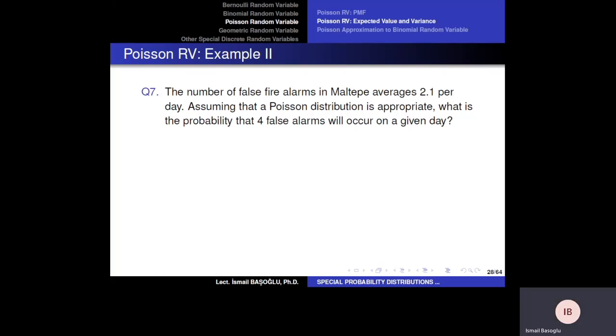The question follows like this. Assuming that a Poisson distribution is appropriate, what is the probability that 4 false alarms will occur on any given day? Okay, so on any day, the number of false fire alarms follows a Poisson distribution, and the average is 2.1. This means what?